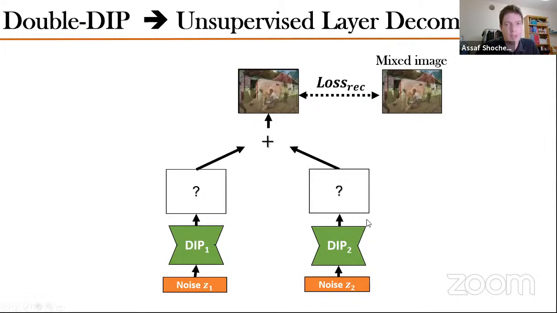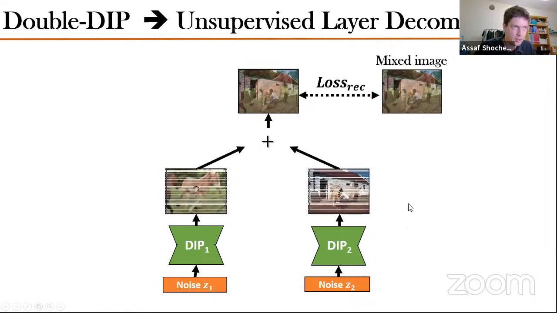But here is where the magic happens. Every such network, such deep image prior, separately tends to learn a separate layer of the image.